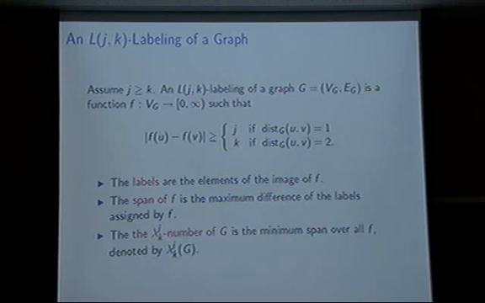And then we denote that with the notation lambda_{j,k}(G). So actually the proper vertex coloring is L(1,0) coloring, we can say. But for L(j,k) coloring, usually people are very interested in the case where k is non-negative also.